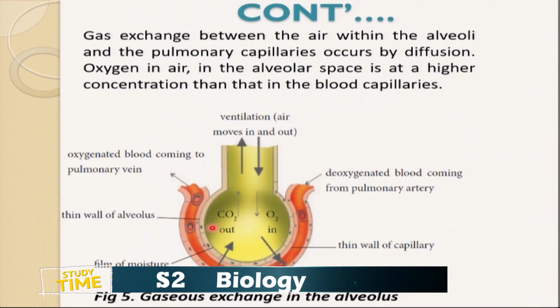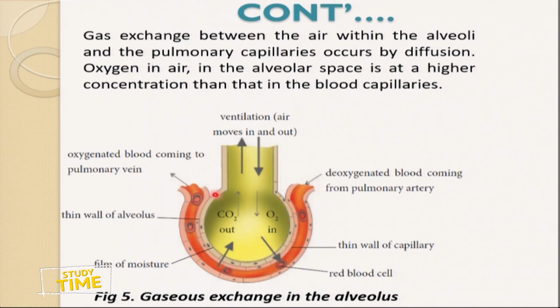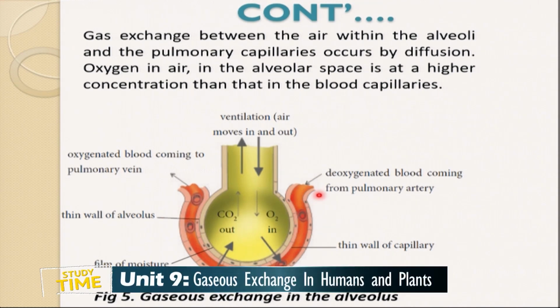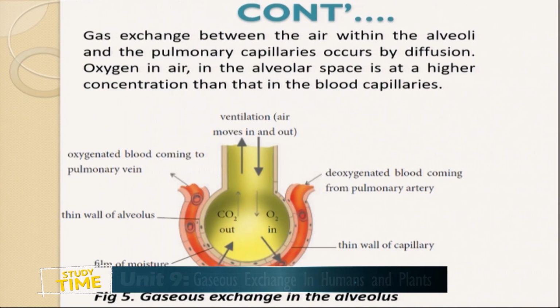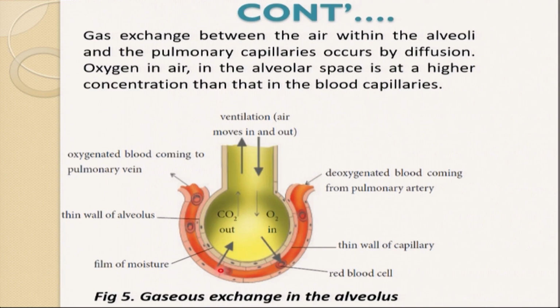This is the alveolar sac, which is moist and thin. As the blood moves from the right side going to this side, it becomes more reddish. It means that once the blood enters from here, the carbon dioxide diffuses out from the blood capillary, and oxygen is loaded onto hemoglobin.